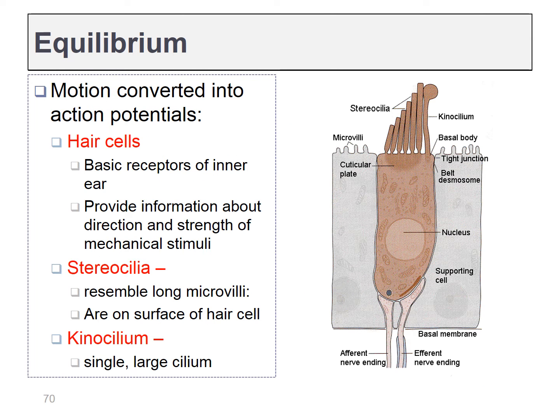Let's start with equilibrium. This is going to be detected by movements in the fluid picked up by specialized cells called hair cells. These cells contain stereocilia, which are not cilia at all but microvilli, and a single large kinocilium. These structures can bend when pushed on by fluid, and we will interpret this as movement.